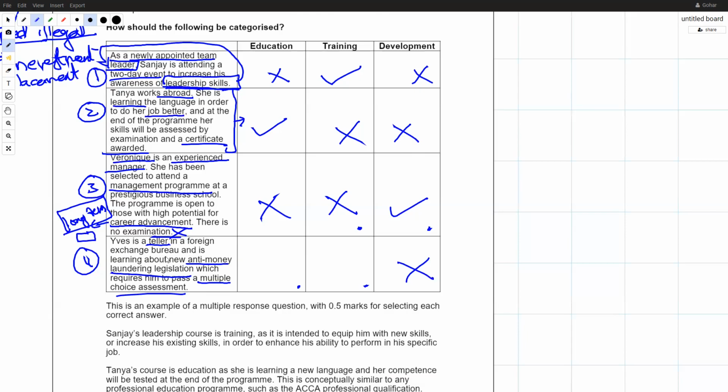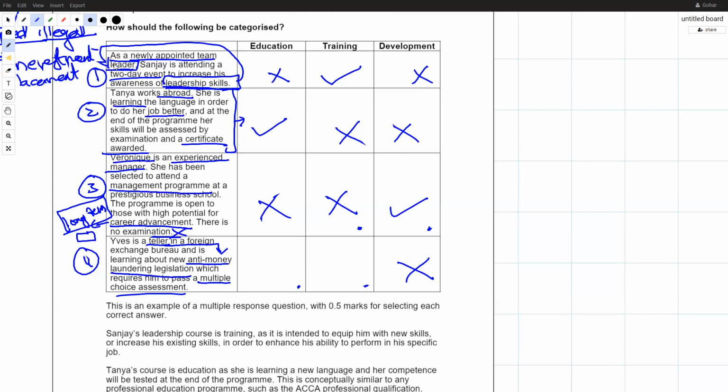But if we look more carefully, he is a teller. He is not someone who needs to know about anti money laundering legislation. He is just a normal junior employee at the teller position. Why would he need training such as anti money laundering legislation, which is a very big training for someone who is very senior? If we go back to the first MCQ, we learned that Sanjay was a newly appointed leader and he needed to learn leadership skills.